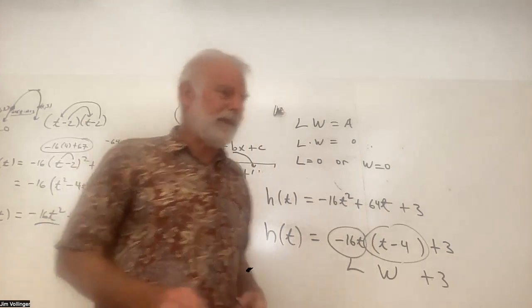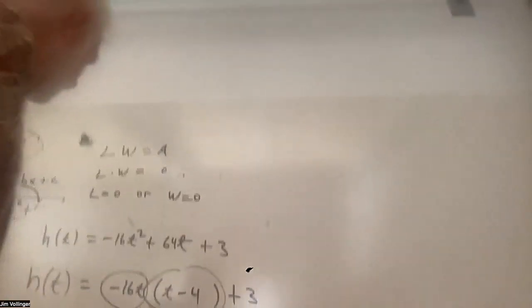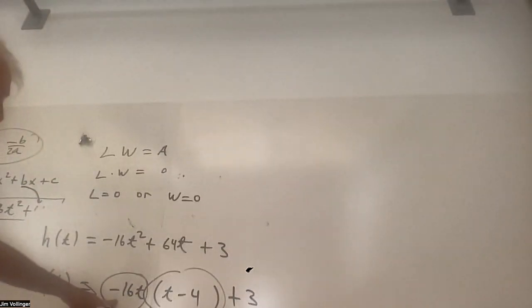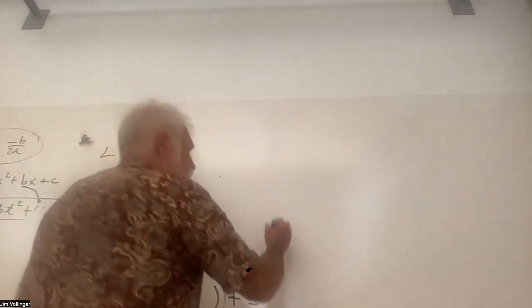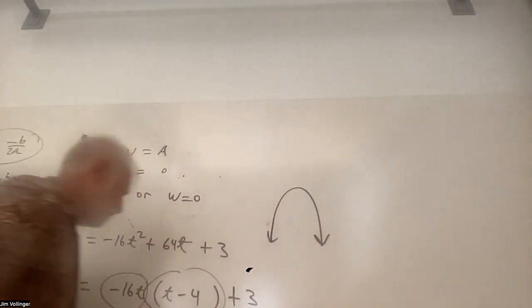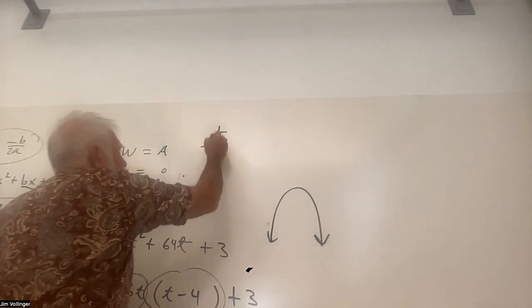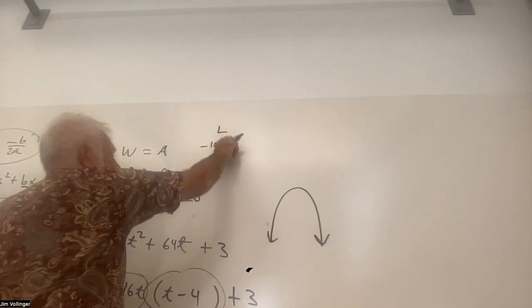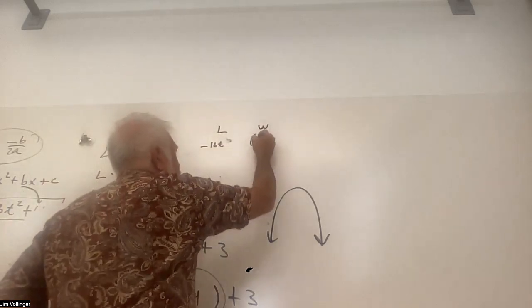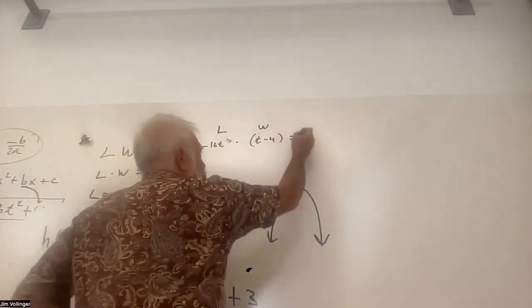All right, so let's highlight that product. Let's keep going around the room. And I would hope that we could look at this and say, okay, it's a negative 16t squared, cup shape down. And what makes length minus 16t squared? I'm sorry, just t, that was one of the factors. Width t minus 4. Can you tell me what makes this product equal 0?